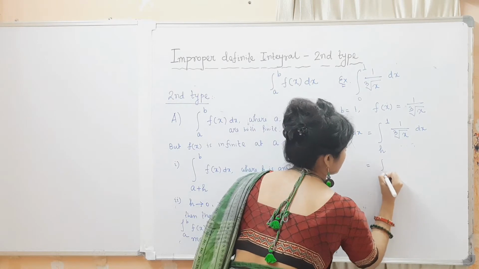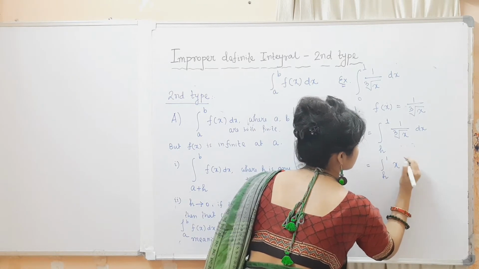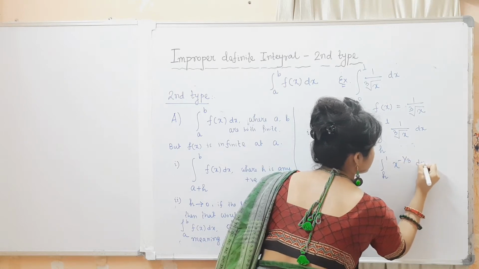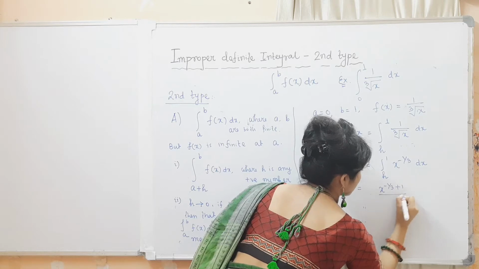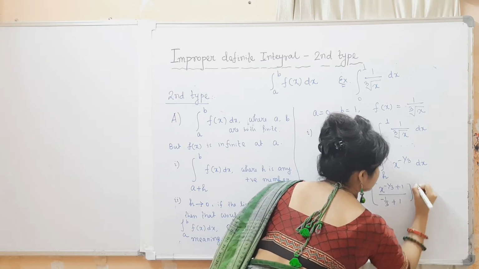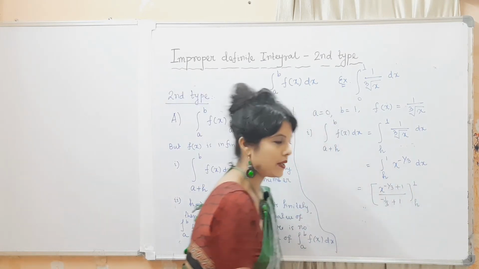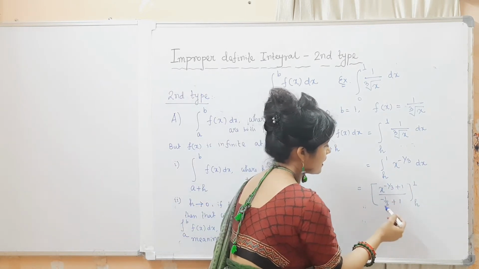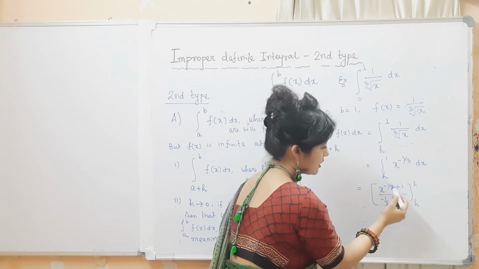So therefore integration h to 1 of x to the power minus 1 by 3 dx, so x to the power minus 1 by 3 plus 1 over minus 1 by 3 plus 1, from h to 1, the lower limit and the upper limit. This is the function after integrating.